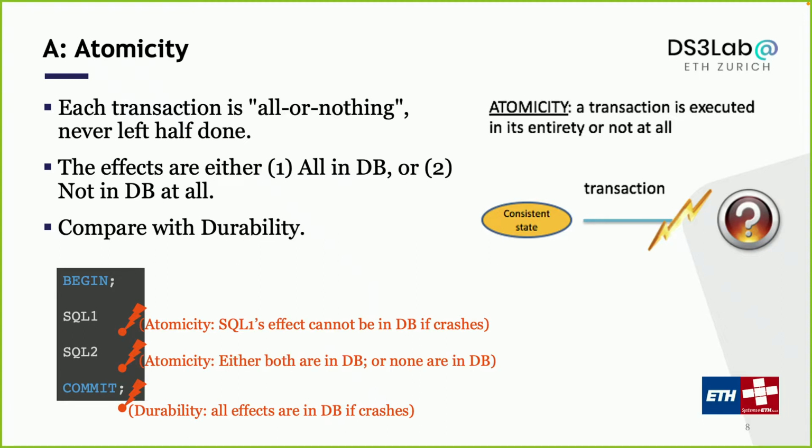Either you see nothing, where neither of the changes from SQL 1 and SQL 2 are reflected, or you see everything, where both changes are reflected in the database. What's important for atomicity is that you either see all of them or none of them. You cannot see something in the middle. You can never see the case where after recovery, SQL 1's change is there, but SQL 2's change is not. That's not possible.